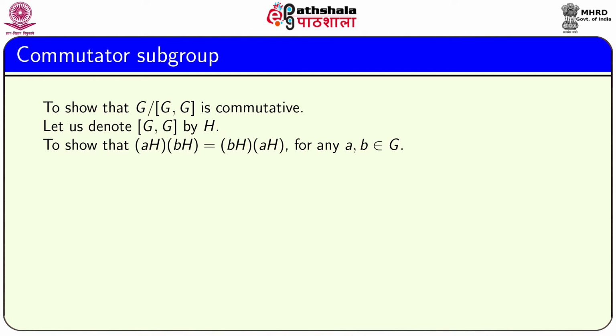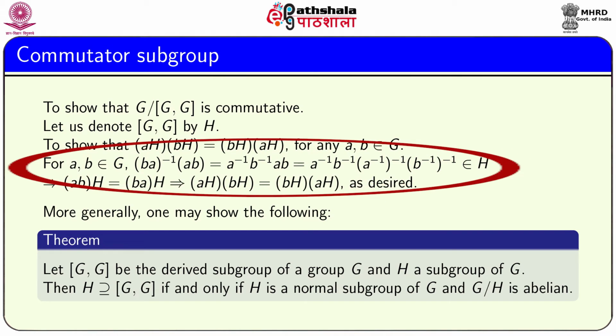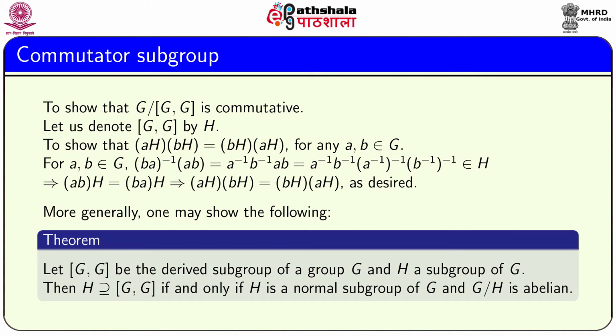In order to show that G by H is commutative, we need to show that aH times bH should be equal to bH times aH for all a, b belonging to G. For any two elements a, b belonging to G, we have that (ba) inverse ab is equal to a inverse b inverse ab, which can be viewed as a inverse b inverse (a inverse) inverse (b inverse) inverse, and that should be an element of the commutator subgroup H. And that means abH is equal to baH, which implies that the product aH bH is equal to bH aH as desired.